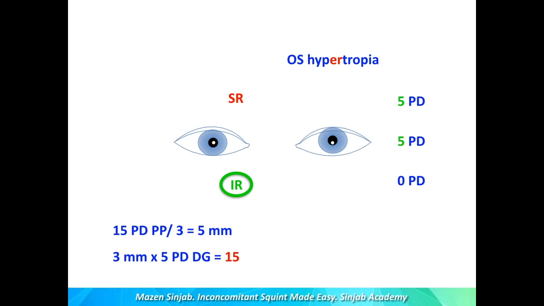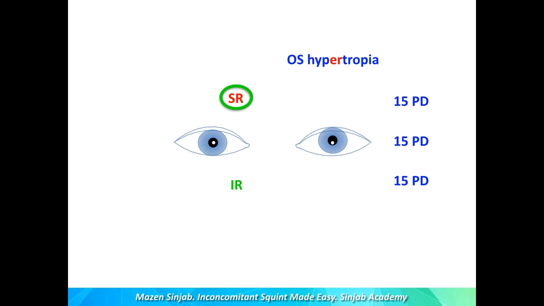So I need to reduce the amount to be 3 millimeters instead of 5, and this will correct 15 prism diopters on down gaze, and I will have 5 prism diopters under correction in up gaze, 5 prism diopters in primary position of gaze, and full correction on down gaze.